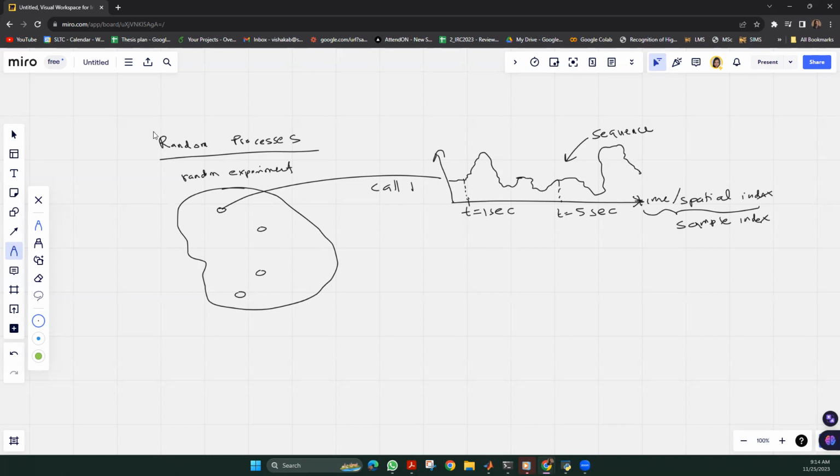Basically we will represent the amplitude as x, and the value of the amplitude at t equals 1 second we will just denote as x. We will denote the signal strength as just amplitude, and time will be the x-axis value.